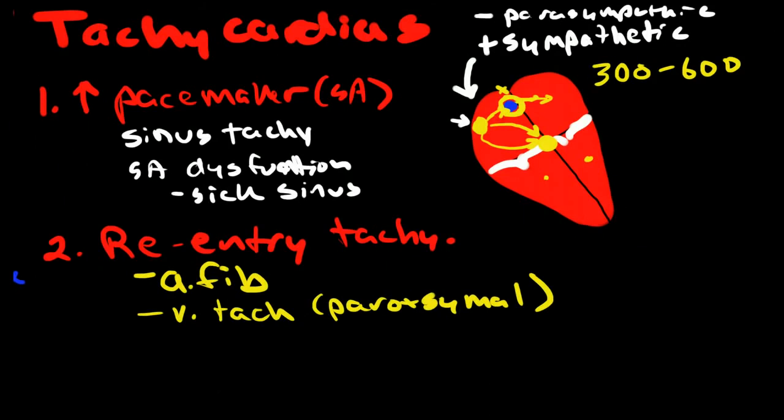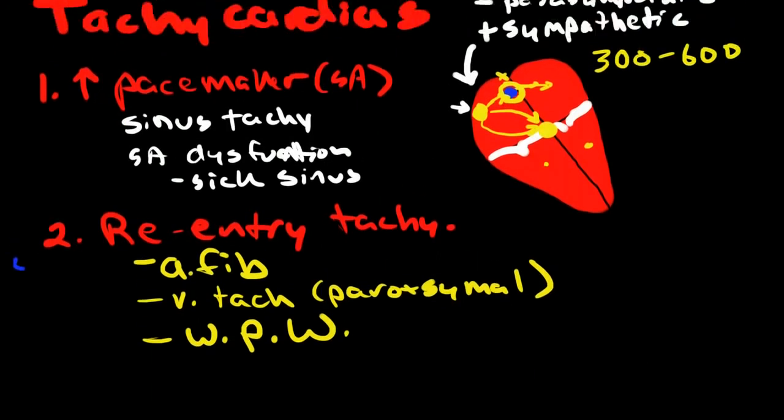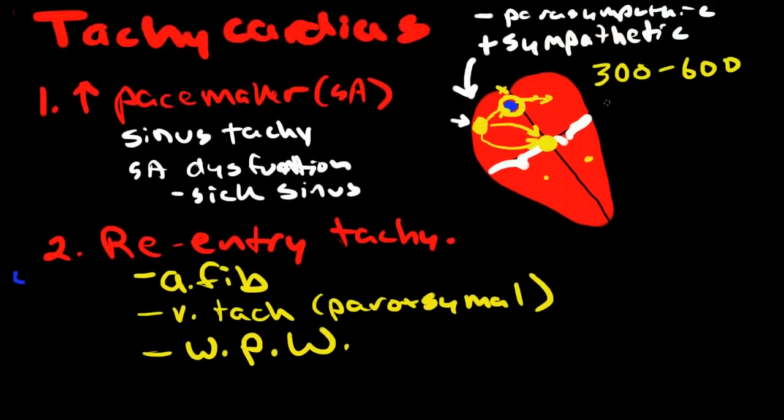And another type of reentry tachycardia that's very famous is called Wolff Parkinson White syndrome, or WPW. Wolff Parkinson White syndrome is very interesting. Now remember I told you that in a normal heart we have the cartilage of the valves and the annular rings around the valve completely separate the atria and the ventricles.